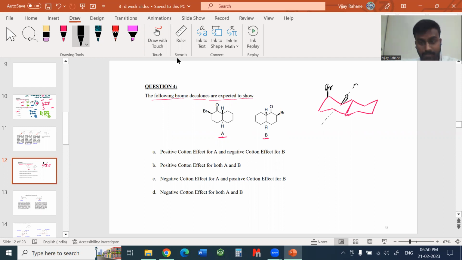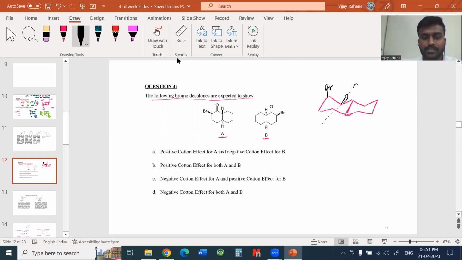But keep in mind, since this carbonyl carbon is at the leg of the chair, we need to flip, or we can just keep in mind that it's the leg of the chair.